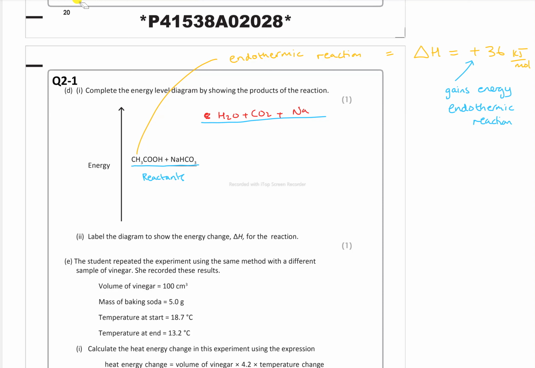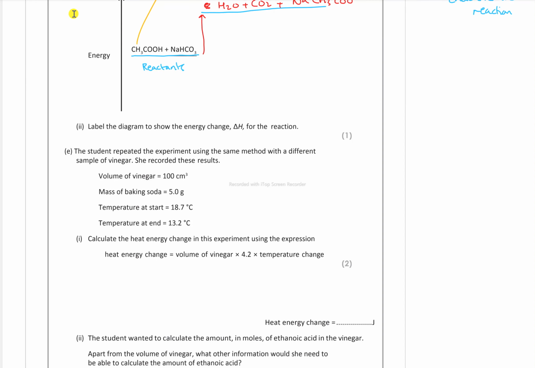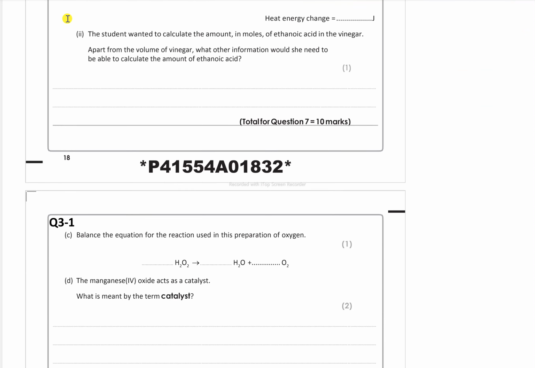Right, you don't worry about this. All I'm interested in you knowing is that the energy level has gone up because it is an endothermic reaction, and that's it. I'm going to forget everything else.